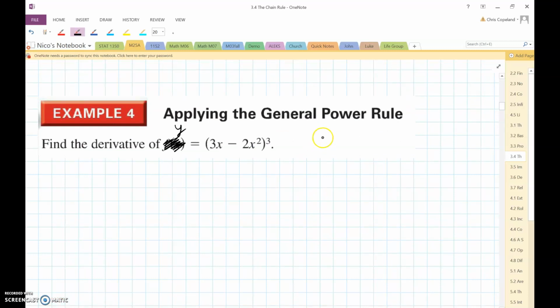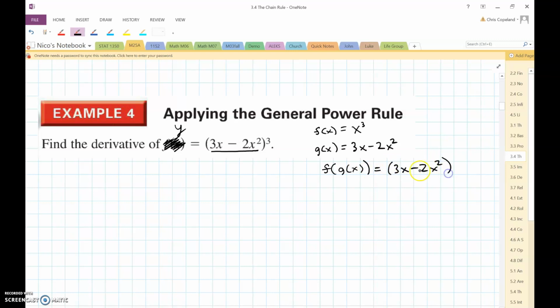So hopefully you can see here, this is a composition of functions. This function here, this 3x minus 2x squared, is being plugged into the function x cubed, where f of g of x, the composite function, would be 3x minus 2x squared, cubed.